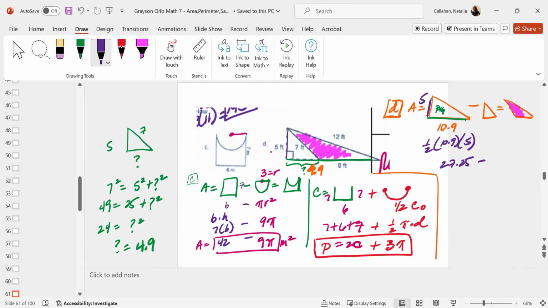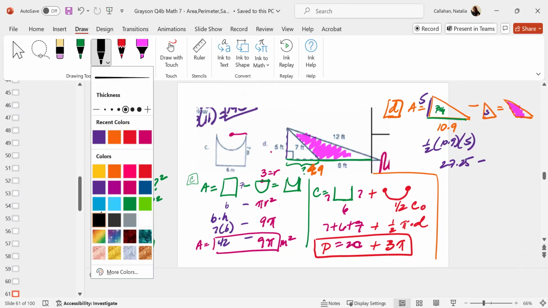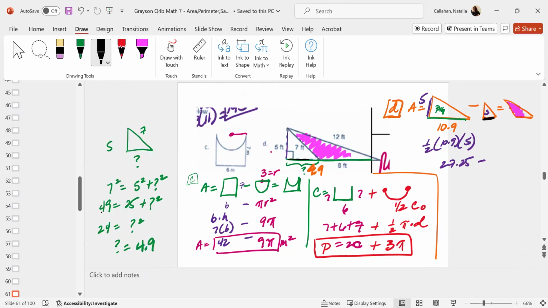Minus the small triangle. Yes? Mhm. Small triangle, let's label it. The base right here, which is this part right here, we just found that, didn't we? Is that 4.9? Yeah. Then the height right here in blue, that's 5, correct? Mhm. So let's plug it in for the formula. Minus 1/2 base times height, right?